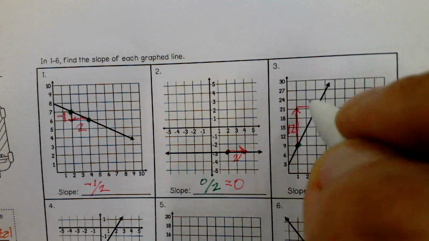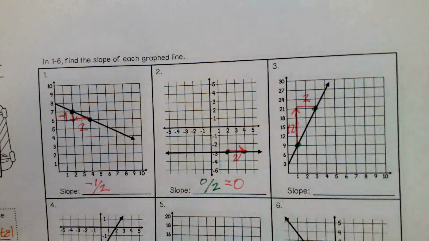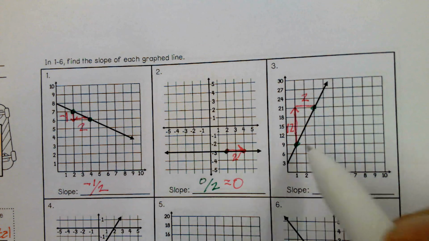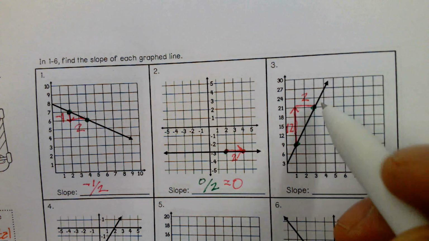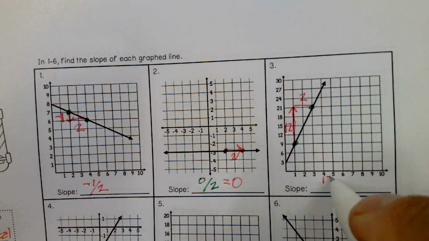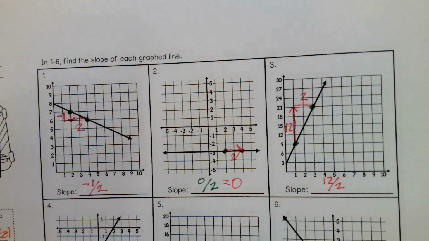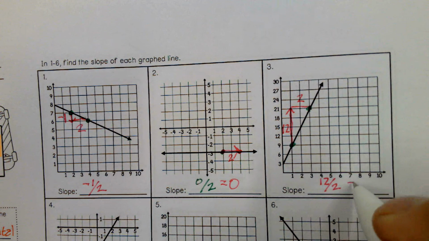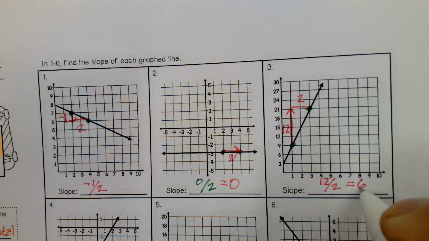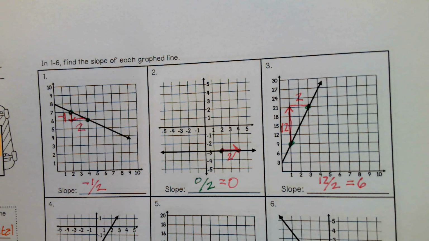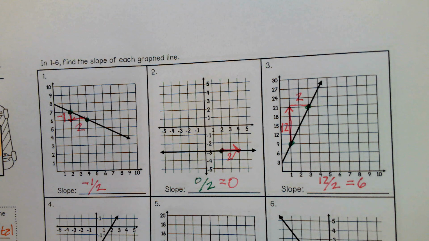So that would just be 2. So we're not going to do 4 over 2. We're going to do 12 over 2. And what's that going to give us? 6. So that would be 6. Okay, any questions?